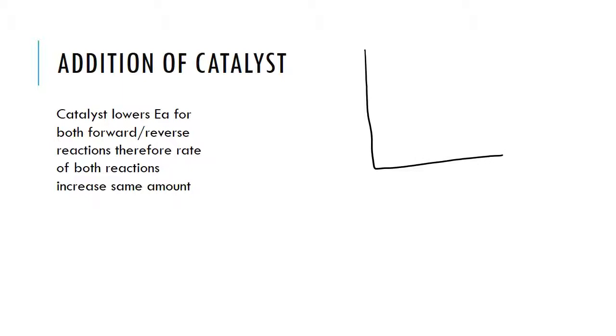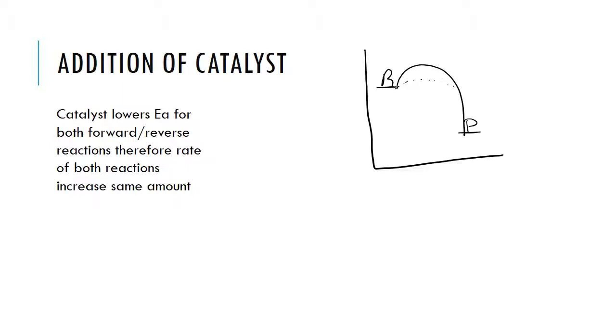So if we draw an enthalpy level diagram, we have our reactants, we have our products, we have our activation energy. Now, as we know, if we add a catalyst, it lowers that hump, right?